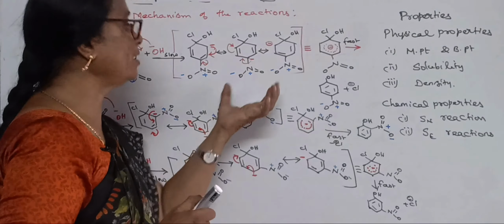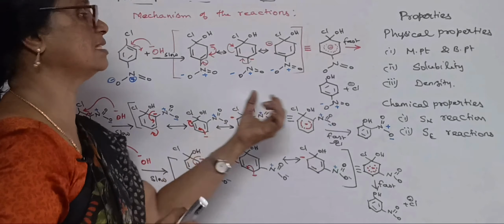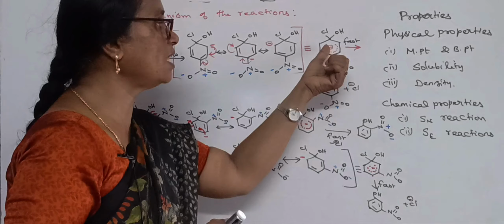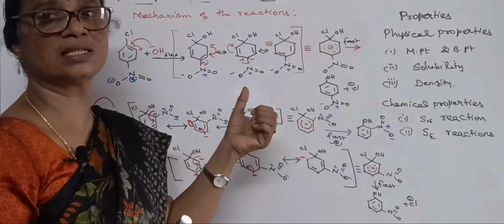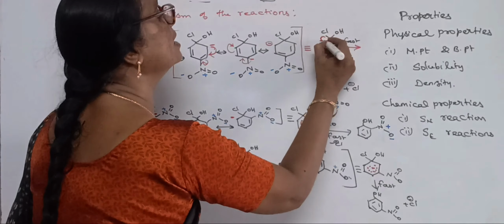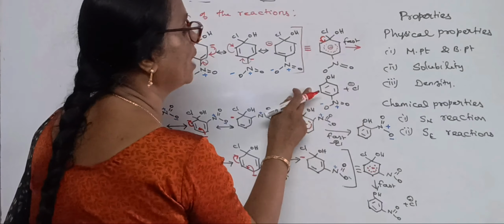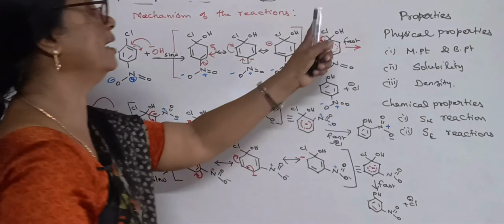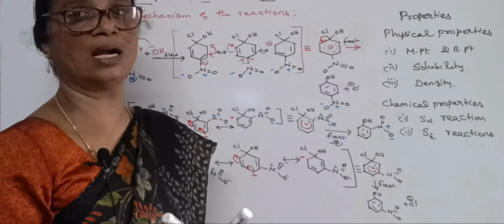We can write these resonance stabilized structures in which the pi electrons are delocalized. Once the delocalization completes, the halogen leaves, and we get para-nitrophenol and the halide ion.